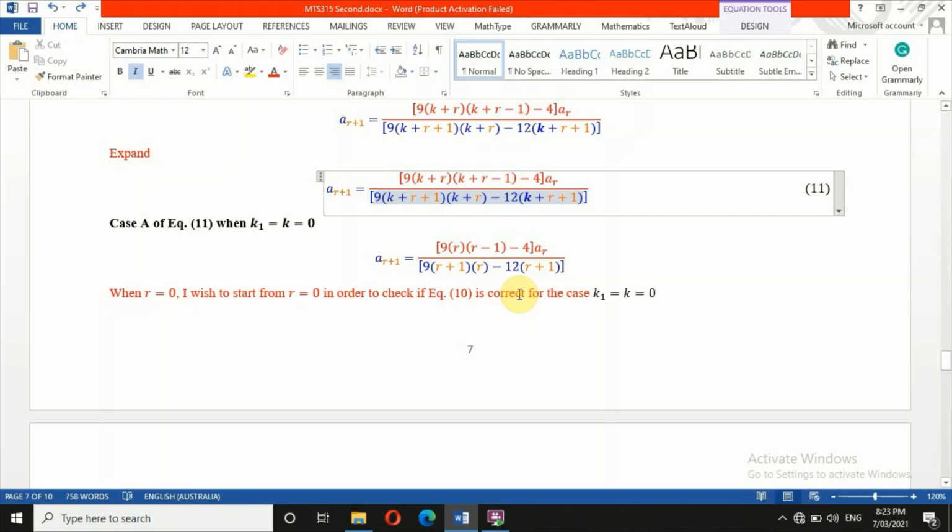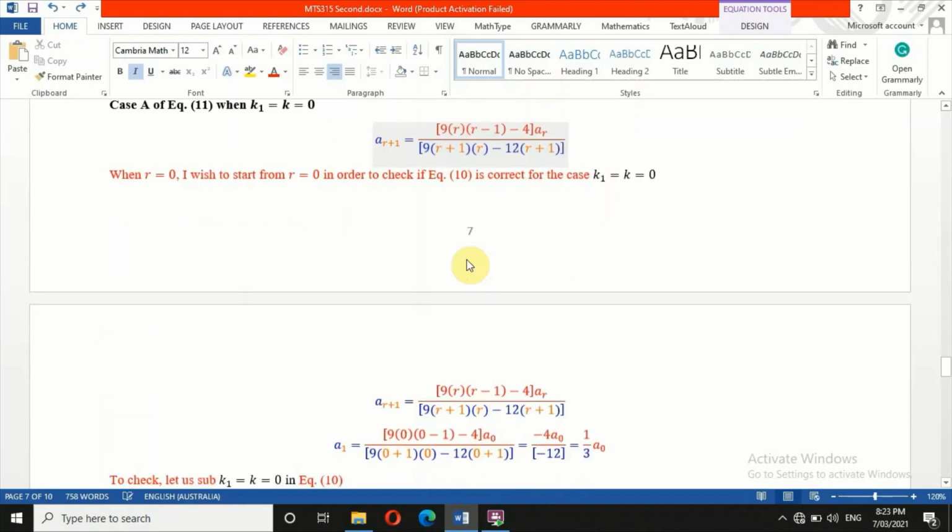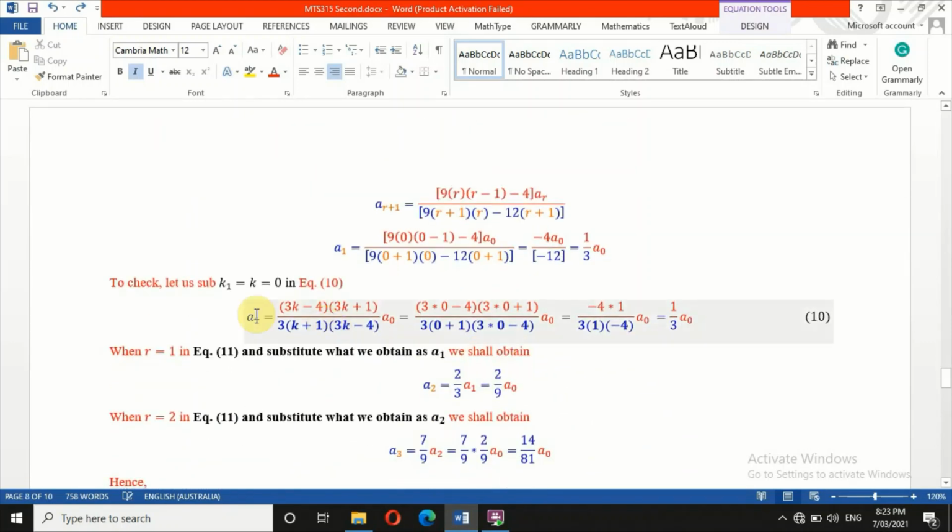So when r equals 0, you put 0 here. You have your a1 equals 1 over 3 a naught. You do again. Now, let's look at checking equation 10. You set k equals to 0 again.